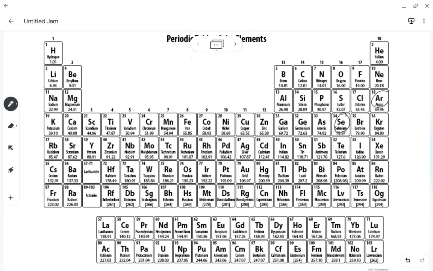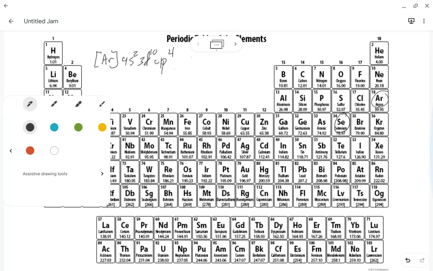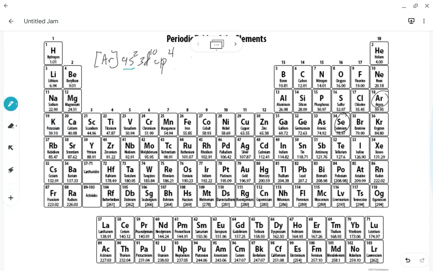We go to the end of the previous row where we find argon, and then we go 4s2, 3d10, 4p, 1, 2, 3, 4. The valence electrons in selenium are the ones in the fourth energy level, so the 4s and the 4p. So it's those two plus those four. So it's 6 valence electrons.